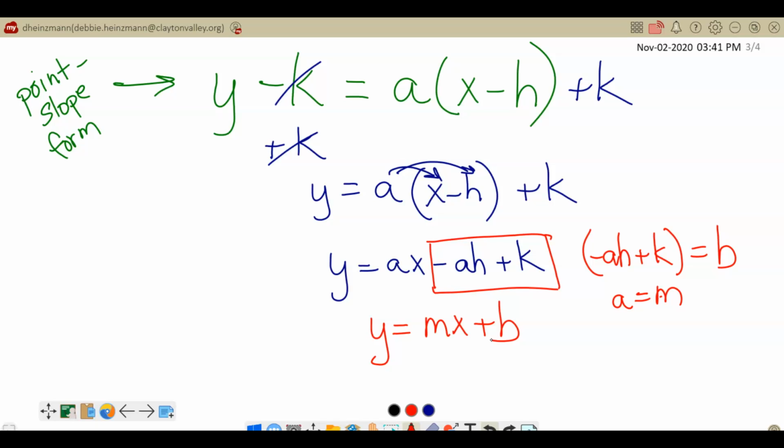You saw me just simplify the point slope form of a line, and I ended up with slope-intercept. All the same. No difference. So in the next video, we are going to write this down, and we're going to practice.